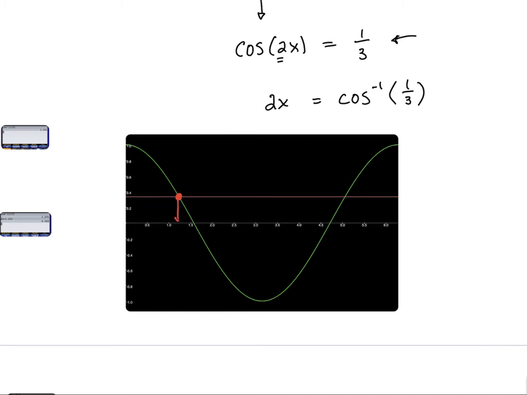And when we do cosine inverse, it's going to tell us that first answer. And the other one would be right here. And since over here is 2 pi, that means this second one is going to be 2 pi minus whatever we got from the cosine inverse. Okay, so now let's actually do that.